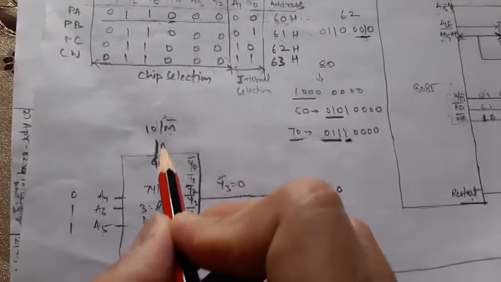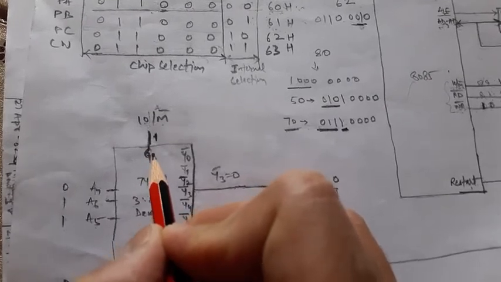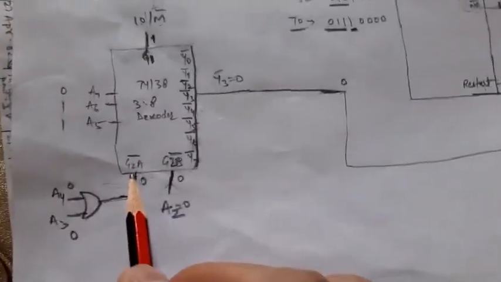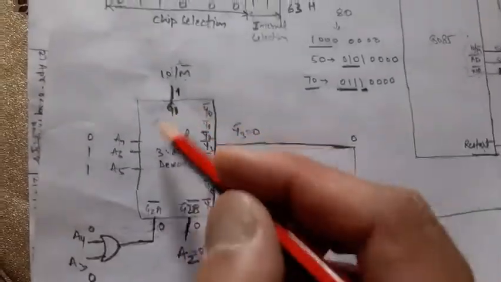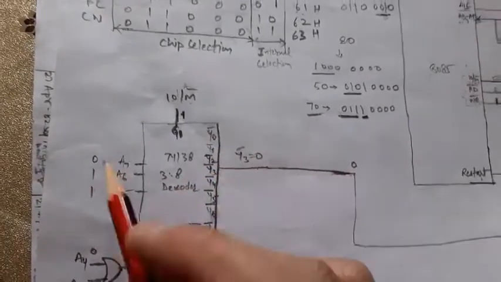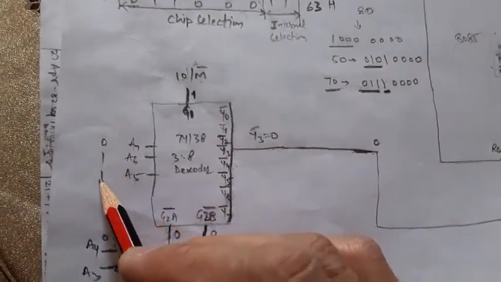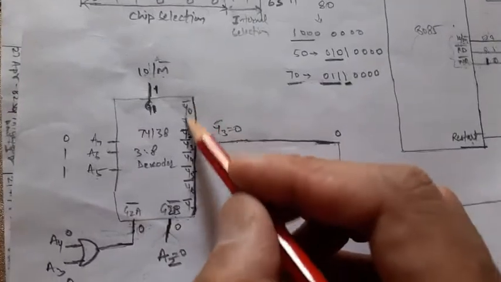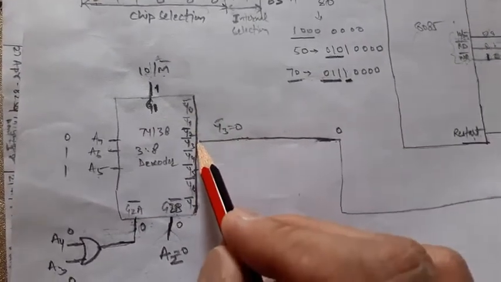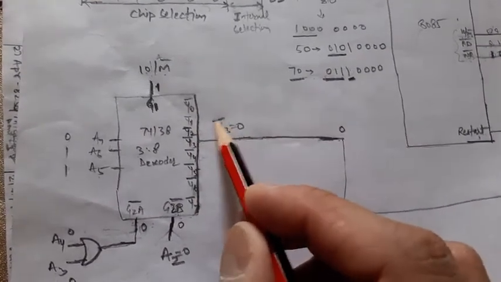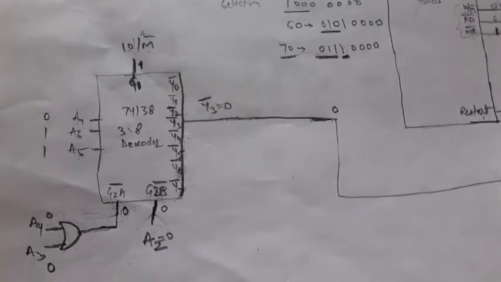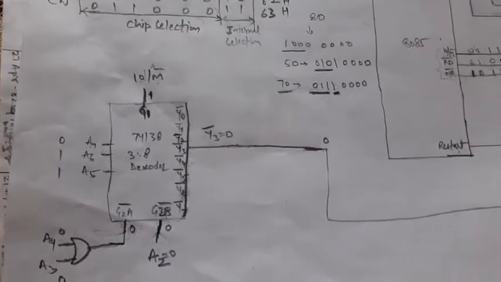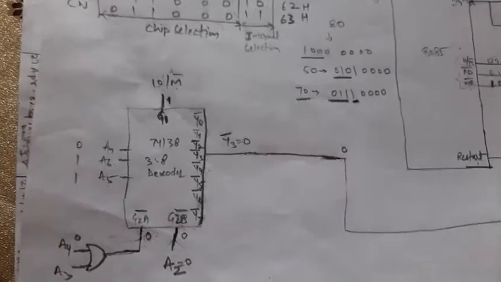Because 8255 is an IO device, this signal is 1. When G1 is getting 1, G2A bar is getting 0 and G2B bar is getting 0, this decoder is enabled, and when it has the 0, 1, 1 input, then out of these 8 outputs Y3 will be selected, and it is an active low signal, so its value is 0. So now I have done the full decoding, based on the values of these.